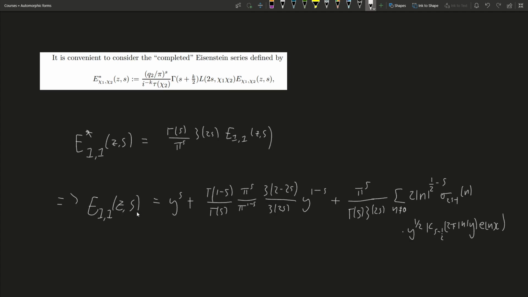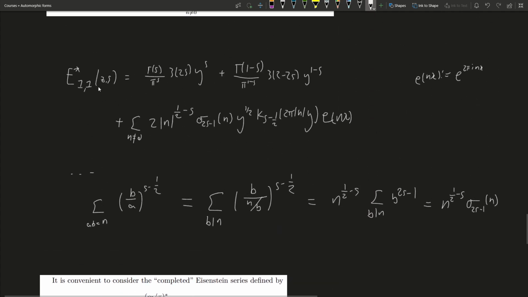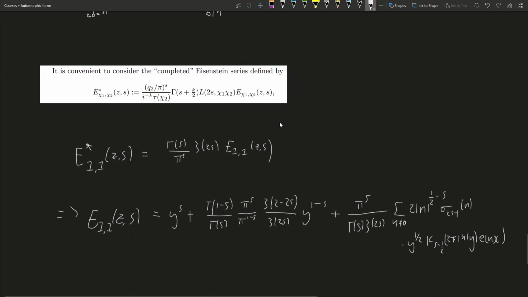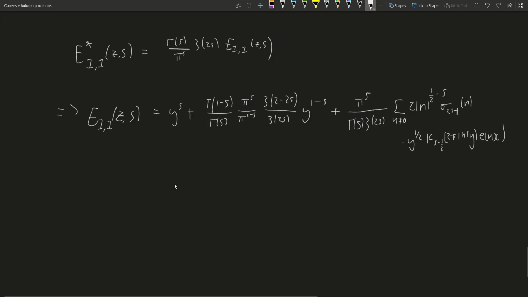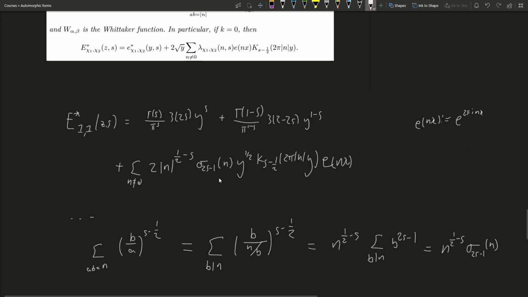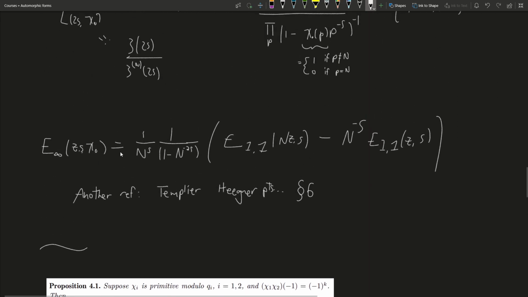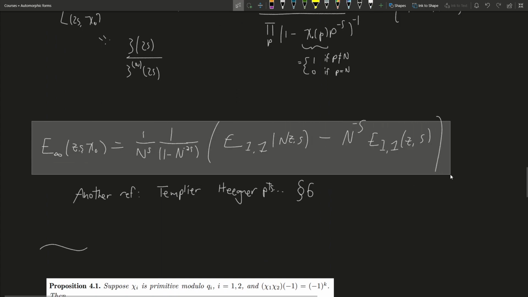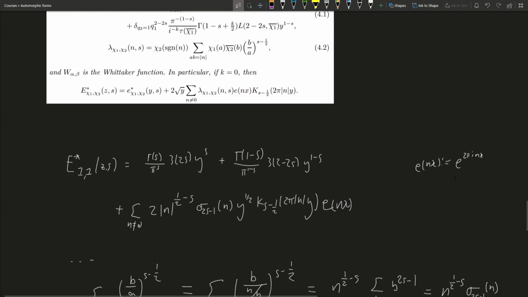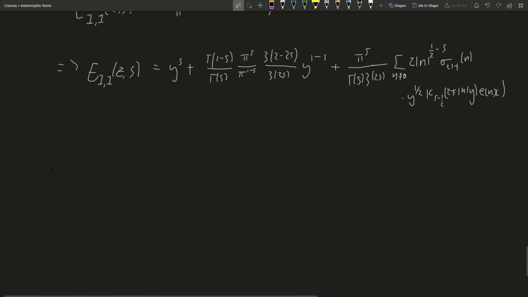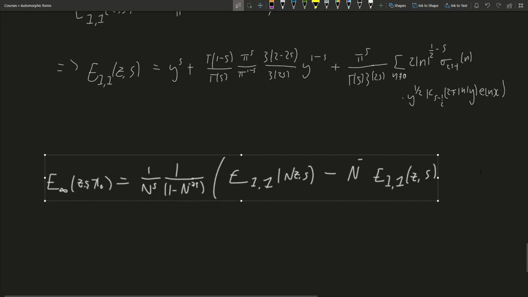Right, because we found that the completed version was this, and now we're just dividing by this factor in front. So recall that we had this formula. I should probably clean this up, sorry.